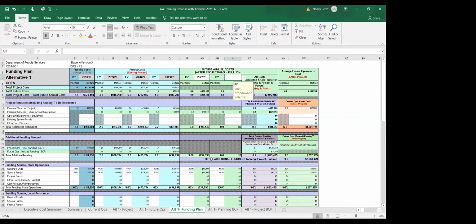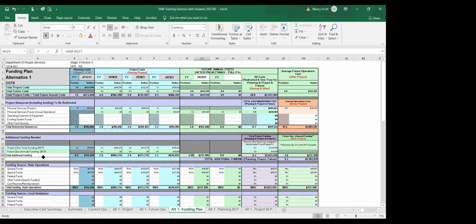So it shows that I need 237,995 funded, because even though I need 435, there is existing funding from those staff that have been redirected that are subtracted from that total, which gives you what you need on an additional funding basis.